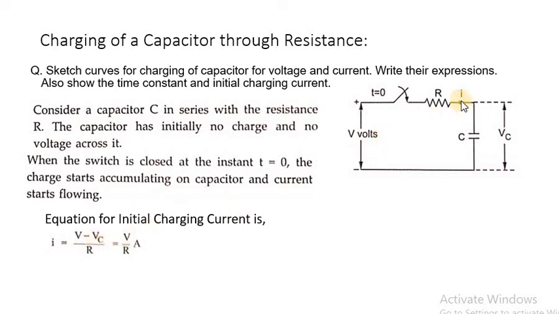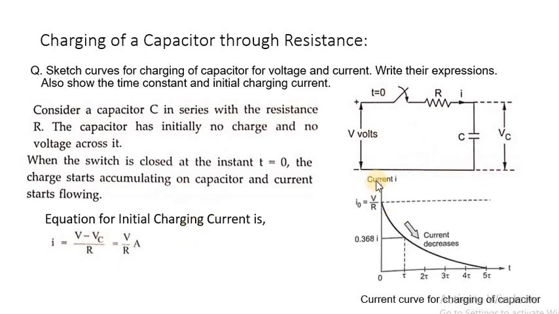The current flow through the circuit I at t equal to 0, the instant at which the switch is closed, is equal to V by R ampere. This is the highest current flowing through the circuit. So initial charging current of RC series circuit is always at the maximum magnitude, and that magnitude is V by R ampere.